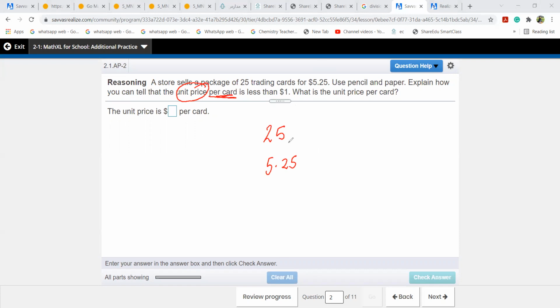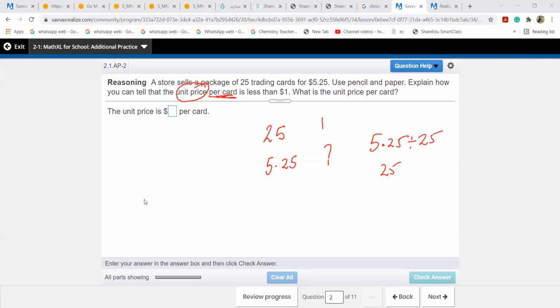That means 25 cards cost $5.25, so one card is how much? So you will divide.